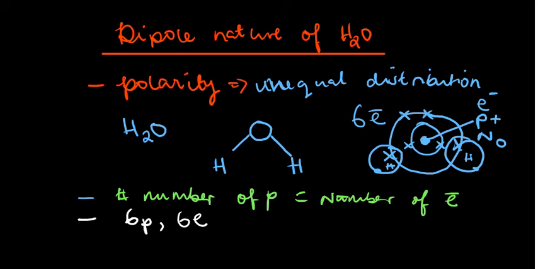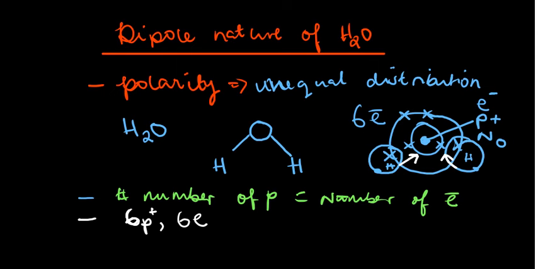Now that we have 6 protons in the nucleus, these positively charged protons have a higher affinity, meaning a higher attraction, for electrons coming from hydrogen. The protons are pulling the electrons from the hydrogen atom.